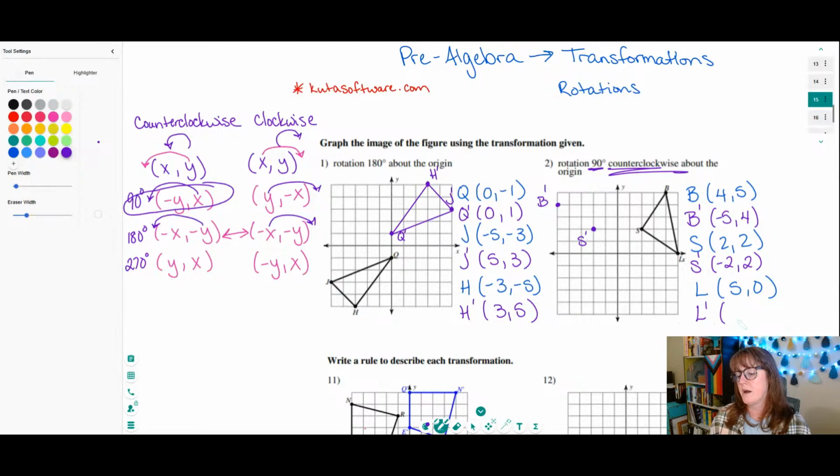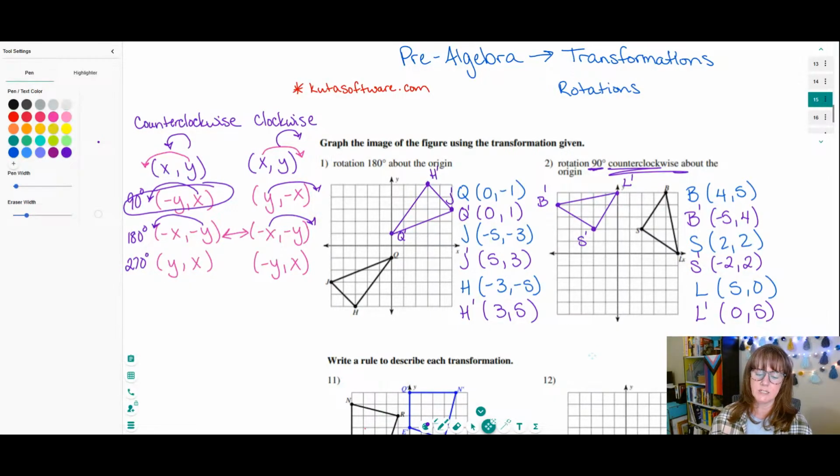And then L prime, we're going to switch. Again, 0, there's no such thing as -0, so we're just going to keep it as 0, and then the 5, so this basically just switches. So we've got (0, 5). So that is L prime. And then let's connect our points so we can see how our triangle is rotated. So it is just rotated over to this second quadrant.